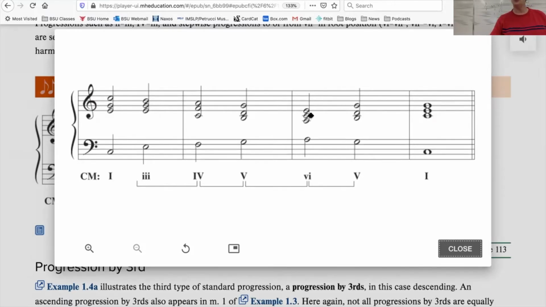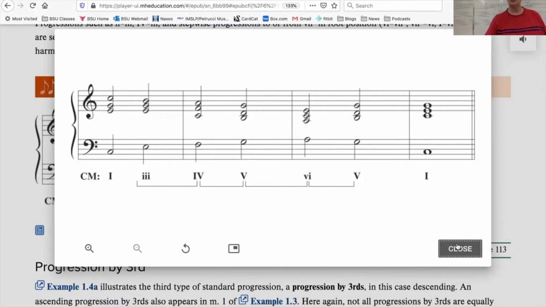The alto will go from C up to D. The tenor will go from A up to B. The purpose of this contrary motion, all the upper voices moving in contrary motion to the bass and in similar or parallel motion to each other, the purpose is to avoid having illegal parallel motion, namely parallel fifths or parallel octaves.